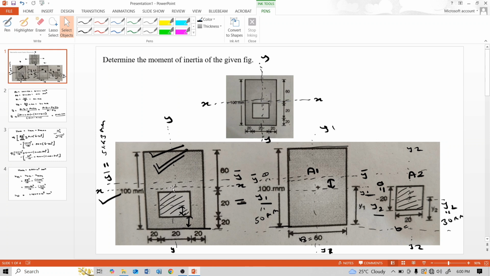See this, about the y-y axis, left side deduction is a 10 mm by 20 mm rectangular part, and right side also 10 mm by 20 mm. Although the x-axis is unsymmetrical, moment of inertia about x-axis is greater, and moment of inertia about y axis is small as compared to Ix. Thank you very much.